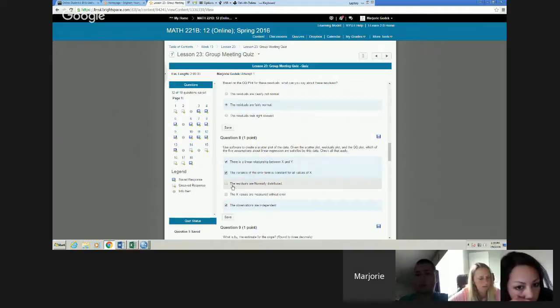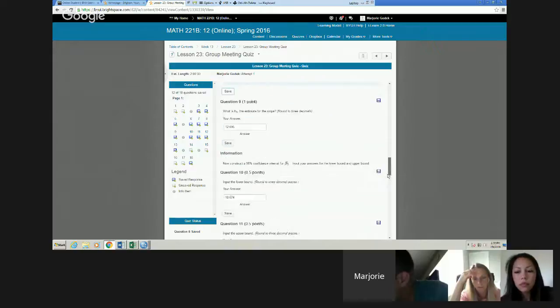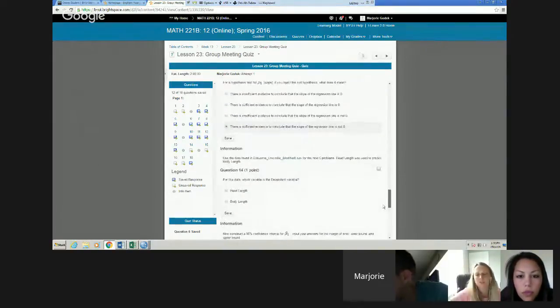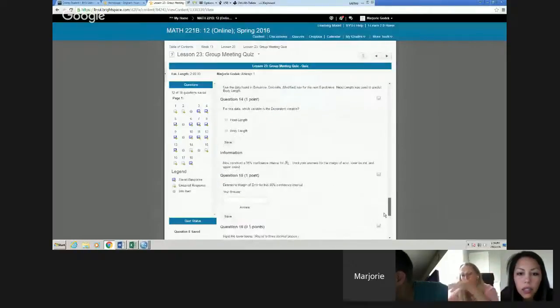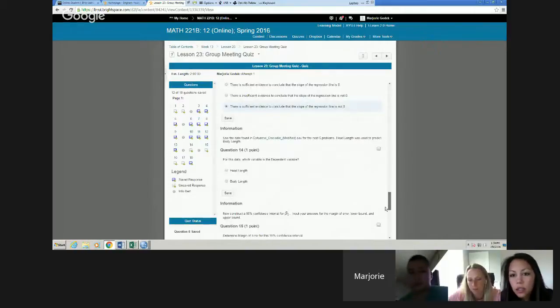And I don't think the x values measured without error is on there, so leave C and D out. The variance of error terms is constant for all values of x. The x values are measured without error. X's are known constants. X's should be measured accurately and precisely. That's all it says.